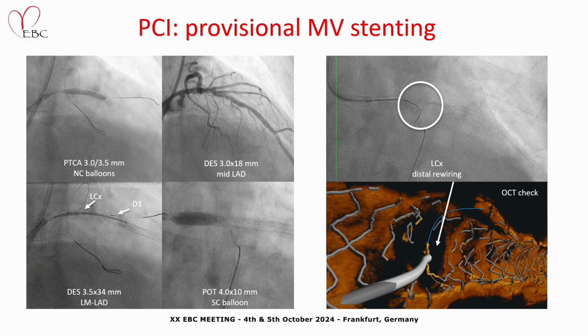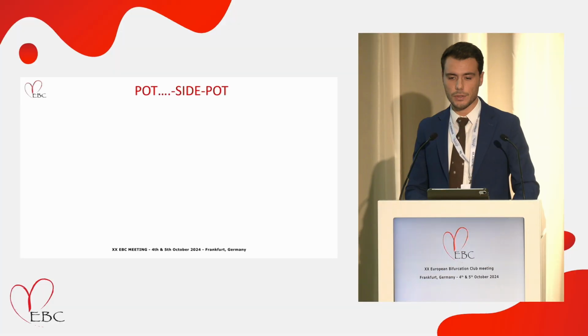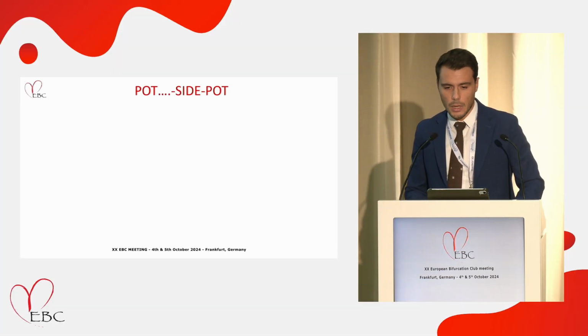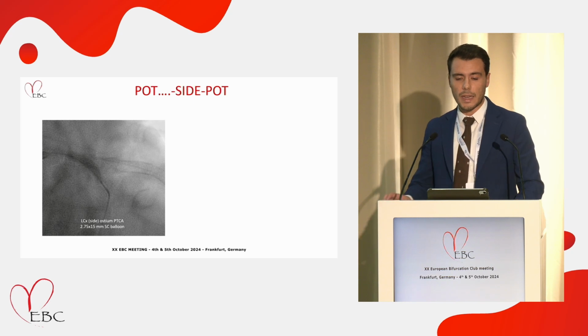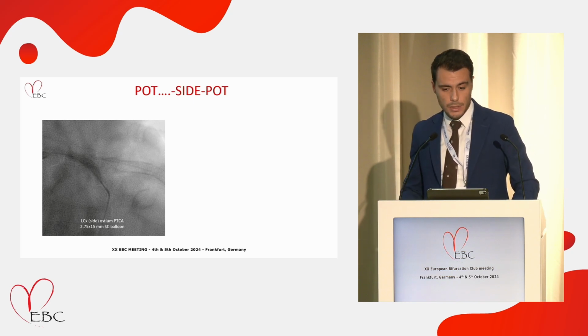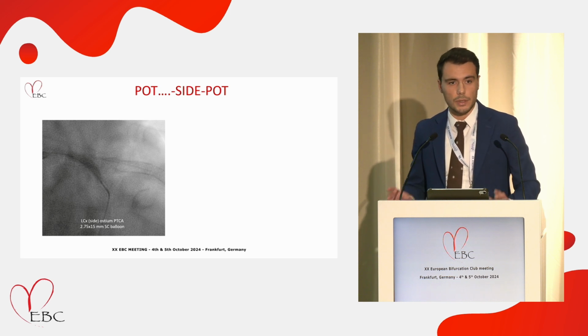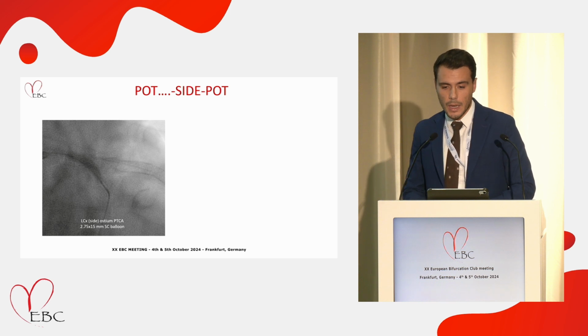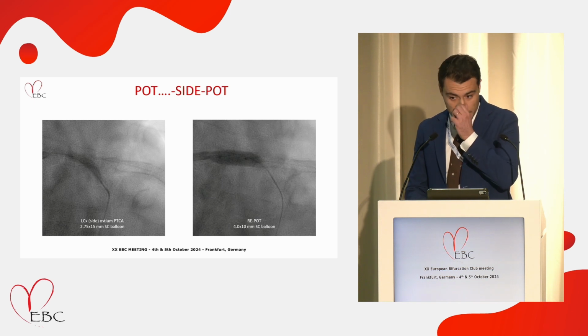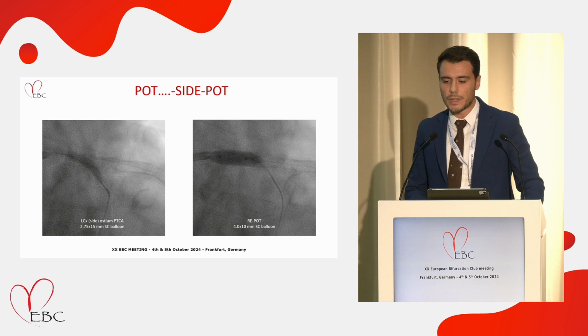So we were happy with this result, and we proceeded with the randomization, which was pot-side-pot. Accordingly, we dilated the ostium of the circumflex with a 2.75 millimeter balloon according to the OCT measurement from the first OCT run, and then we did a re-POT, another POT with the same balloon as the initial POT.